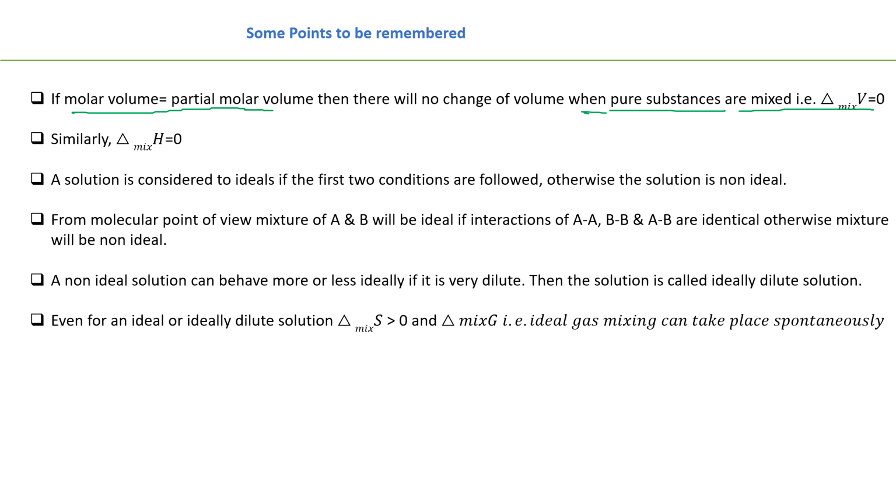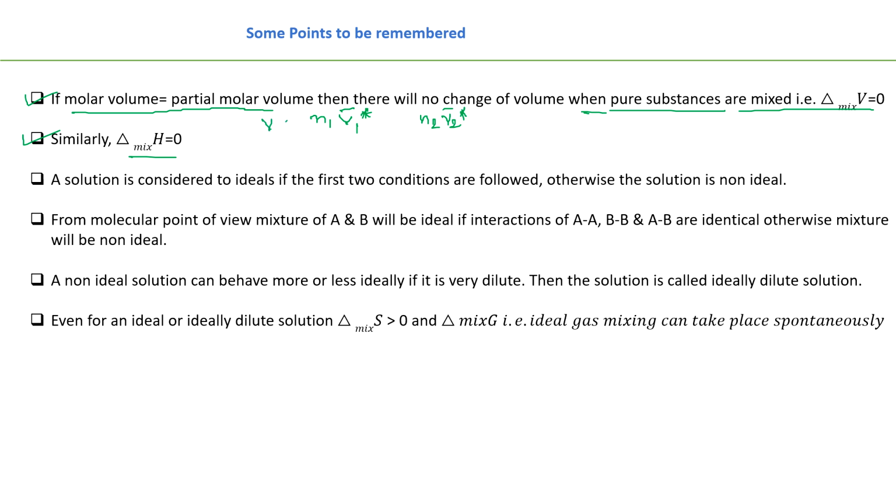Similarly, when the molar enthalpy and partial molar enthalpy are equal, then delta mix H equals 0. So what does it actually mean? Let's say two components, one component having the number of moles N1 and molar volume V1 star bar, the other component N2 and molar volume V2 star bar. So this V1 star bar and V2 star bar define the molar volume in the pure state.